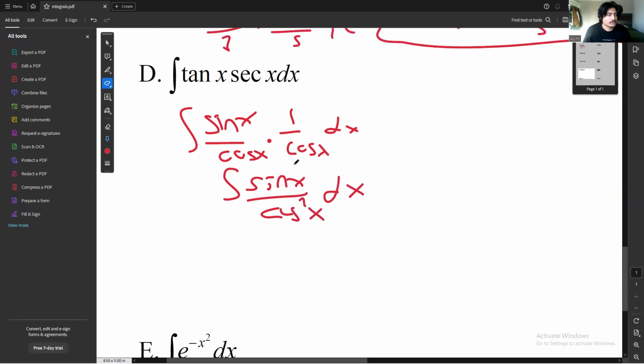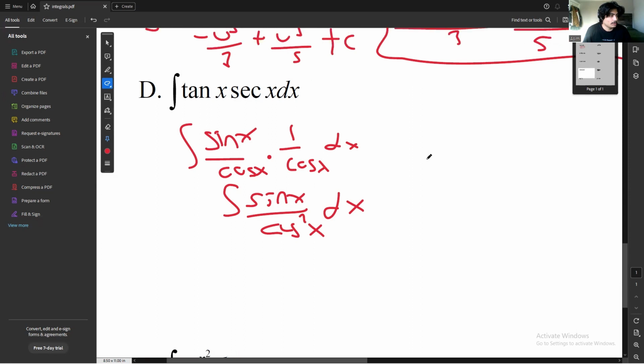Sweet. So guys, usually in these cases, we use our denominator as our u. I'm going to say u is equal to cosine of x. And du dx is equal to negative sine x, since I'm deriving cosine, and it's going to end up being negative sine.